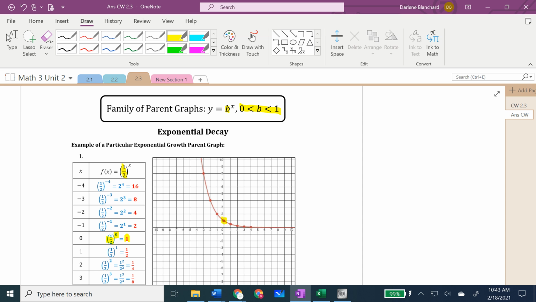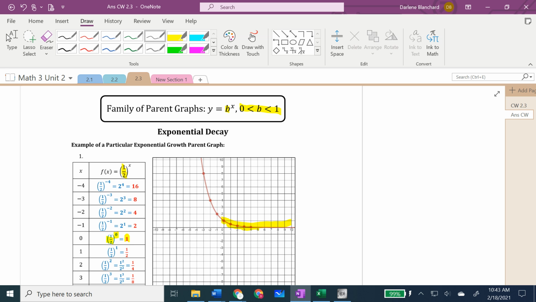If the exponent is 0, you're getting 1 out of it. But when that base is between 0 and 1, it decays as you head into those positive numbers instead of growing.